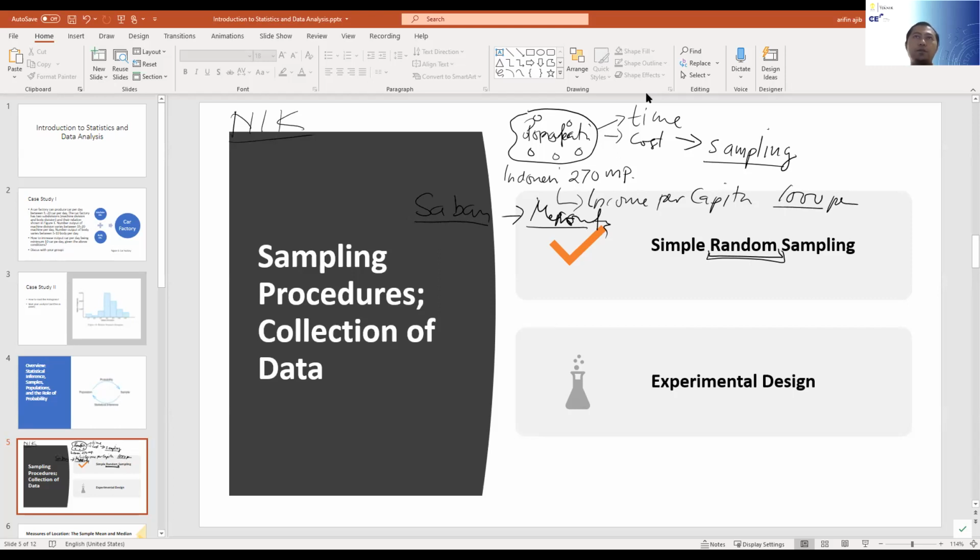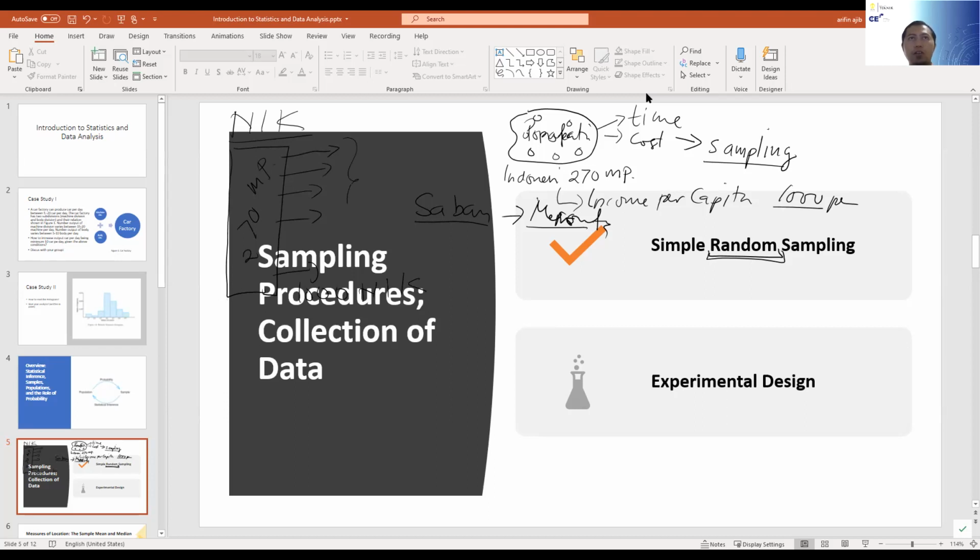So we have to provide this NIK along 270 million people, and then we should generate or pick up until 1,000 NIK randomly.